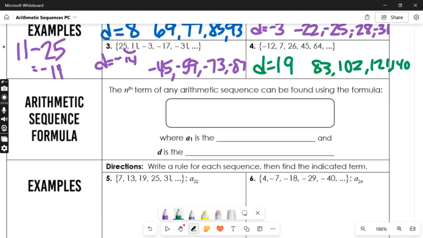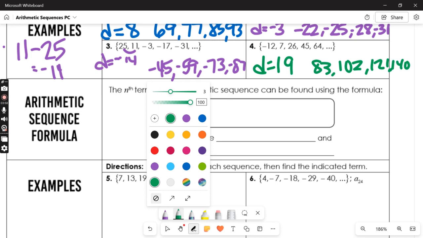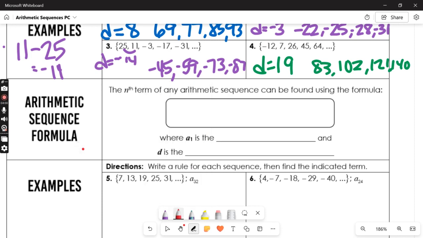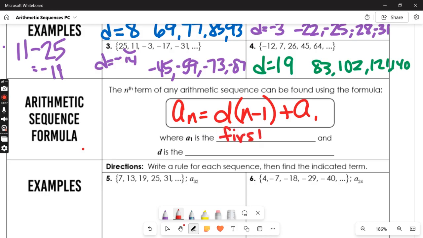The nth term of an arithmetic sequence can be found using the formula a_n is equal to d times (n minus 1) plus a_1, where a_1 is the first term and d is the common difference.